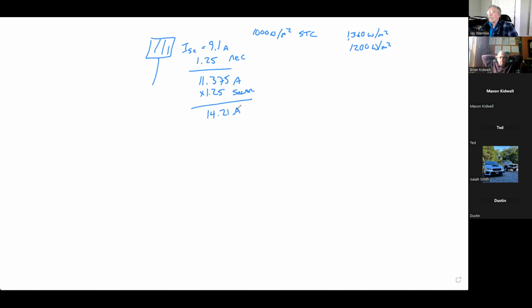And so now we're taking this times 1.25, and now we're up to 14.21. Now, this only applies until you hit the first electronic device that's going to be mitigating that variability. So if this were, let's say, a standalone system, one string, we need wire 14.21 amps here from the panel to the combiner box.